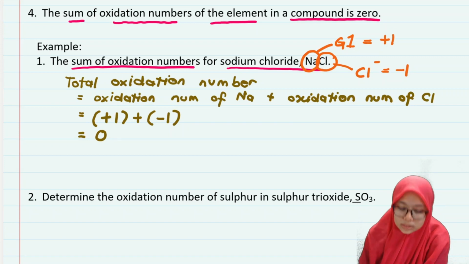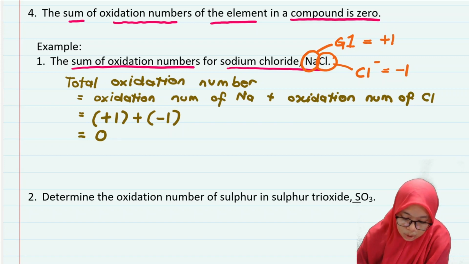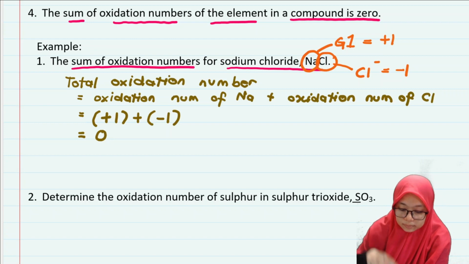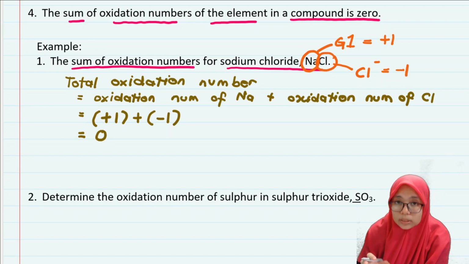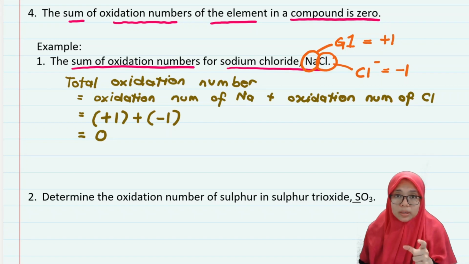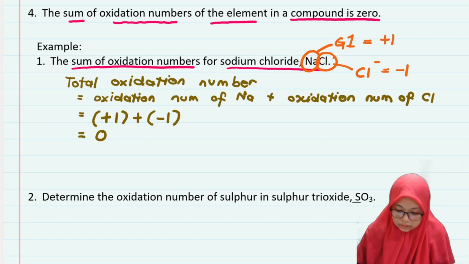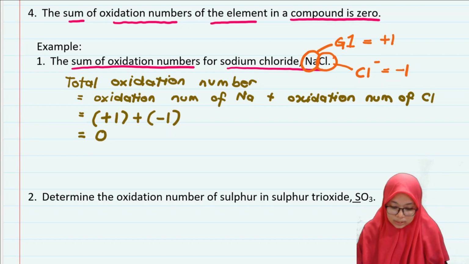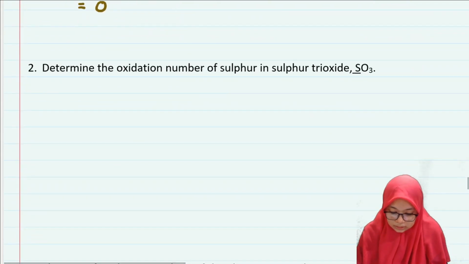This means that the sum of oxidation number of the element in a compound is 0. So the sum, hasil tambah kepada oxidation number bagi setiap elemen dalam compound tersebut adalah kosong. Jadi itu maksud dia.